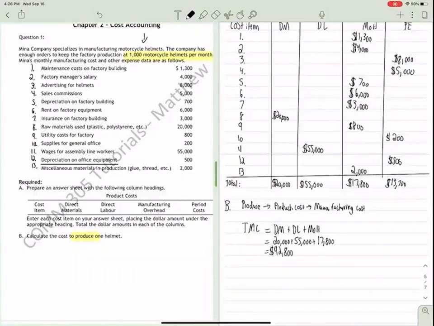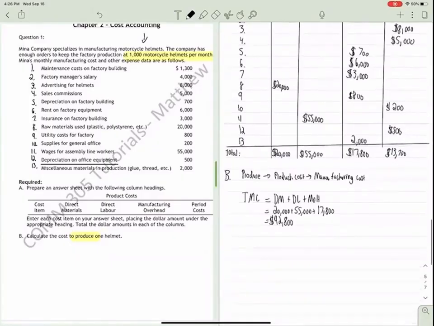Is that the answer to this question? Is 92,800? No, because they're asking me the cost to produce one. So guys, I encourage you, if this is the total cost to produce 1,000 helmets, how do we find the cost of one? Well, guys, find cost per unit equals the total cost divided by units produced.